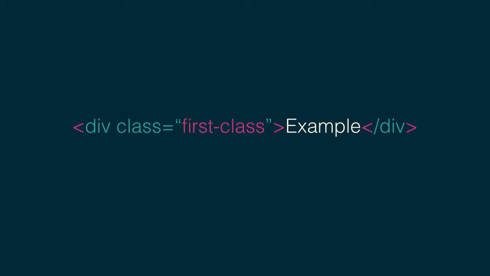You can also give an element multiple classes, and they're just separated by spaces. So I don't think I have a slide for this, but if you wanted to add a class called second-class, then you would just say class equals, quote, first-class, space, second-class, close quote. And you can add unlimited classes to an element, which leads to some really nifty ability to reuse components.